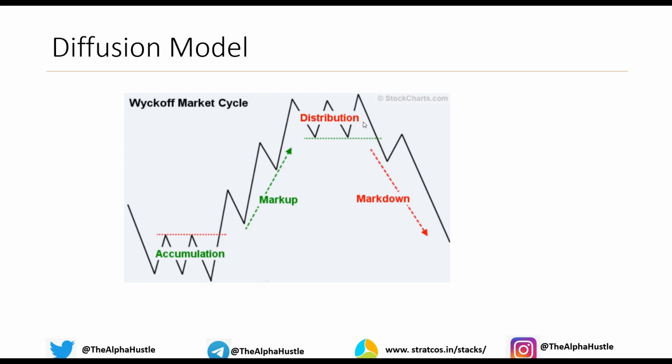So once they're done with their job, they would start an imbalance move, or rather what is called a markup or markdown phase in terms of the diffusion model. So balance, imbalance, and excess, which I'm going to talk about in the subsequent chapters, are some powerful concepts of market profile. Having said that, now let's look into different types of market participants who drive the two-way auction process.